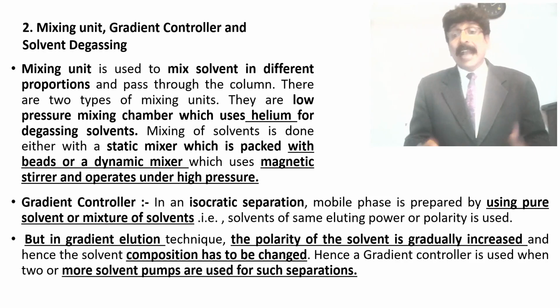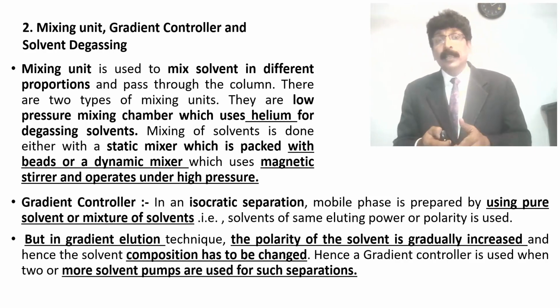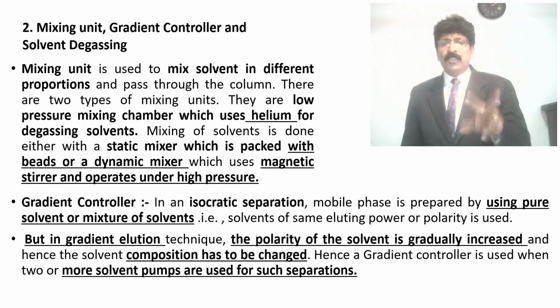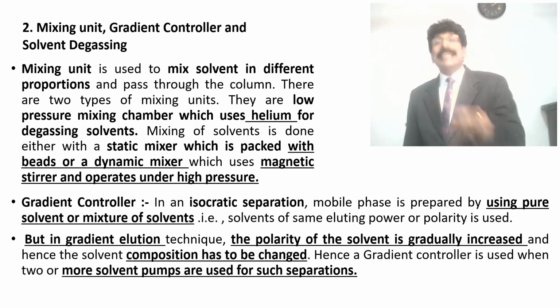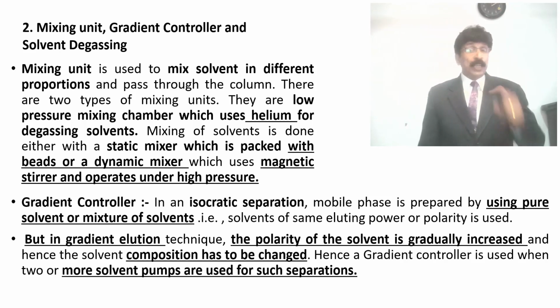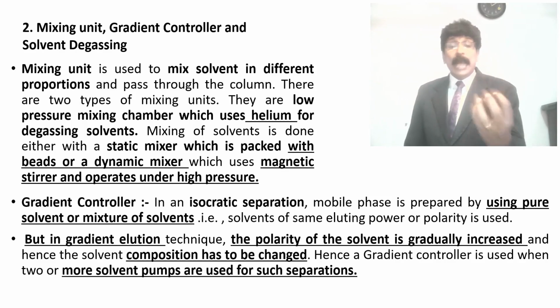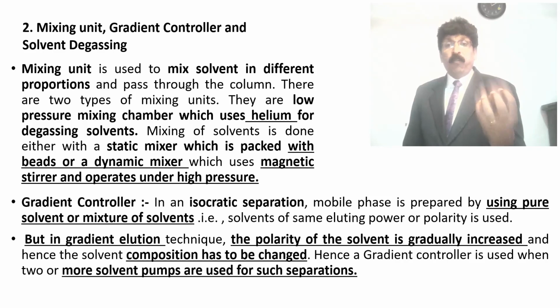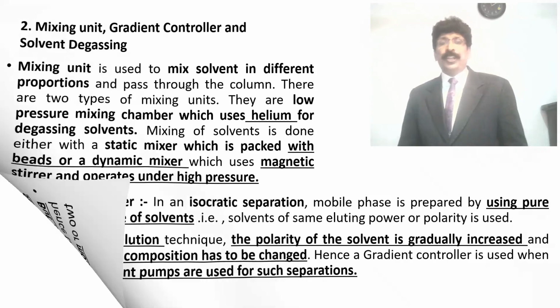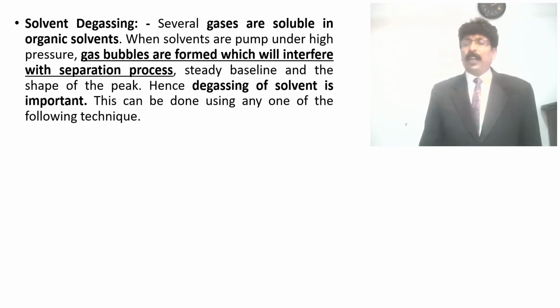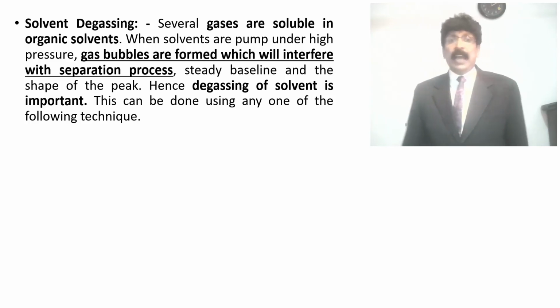Hence, a gradient controller is used when two or more solvent pumps are used for such separations. So students should understand the importance of the gradient controller and how it works for gradient elution, increasing the polarity.